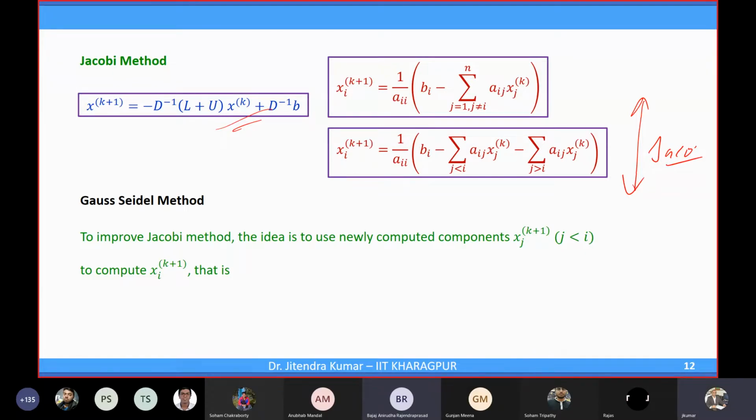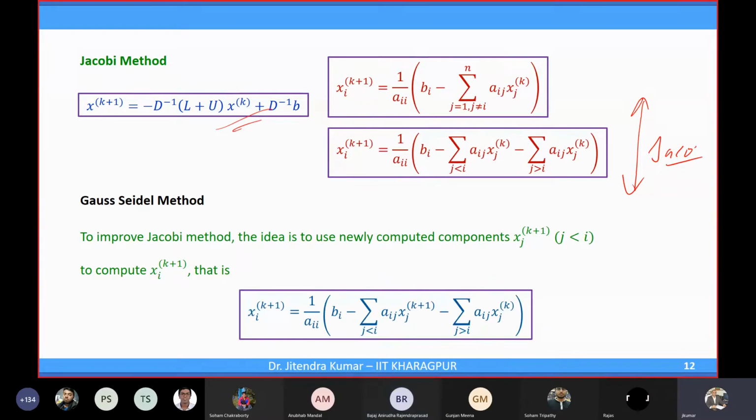Yeah, see here, just look at this new formulation, which is the Gauss-Seidel one. This is Jacobi. Just compare with the Jacobi one. You have x_i^(k+1) over a_ii, same. This is also the same. This was the sum where we could have used those recently computed values, because this x_j, j is going up to less than i. j is like 1, 2, 3 up to i minus 1.